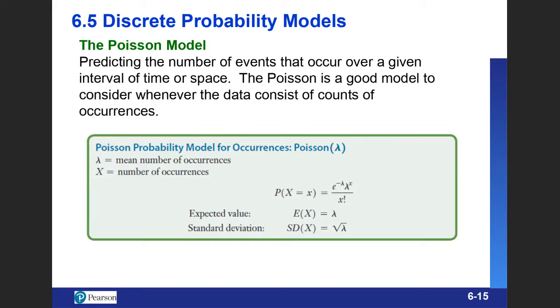This name, Poisson, is named after a French, I think, mathematician, Siméon Poisson. He was interested in different kinds of probabilities and probability models. In fact, he was very interested in studying rare events, events that would hardly happen.